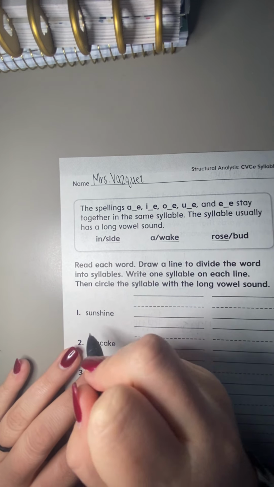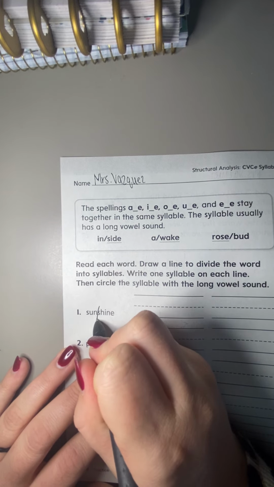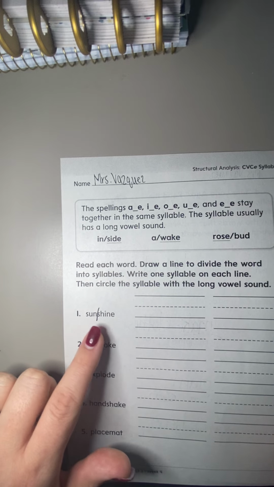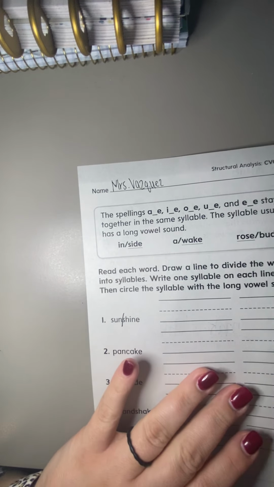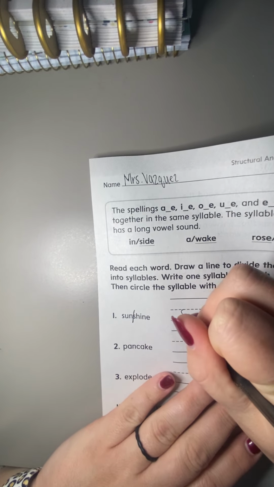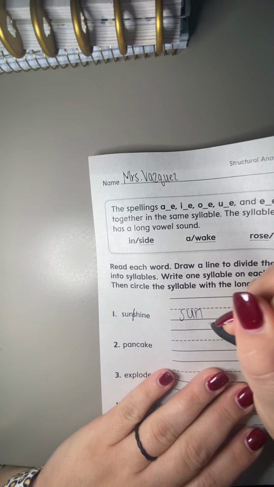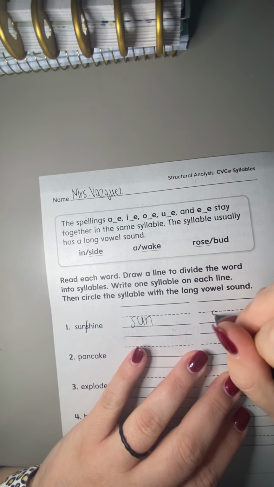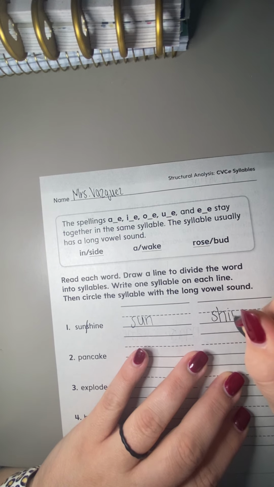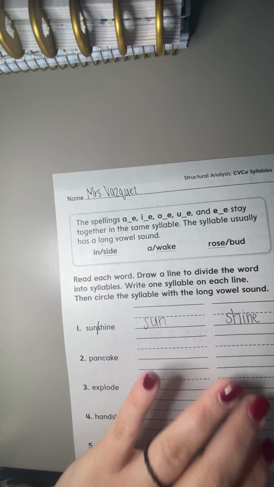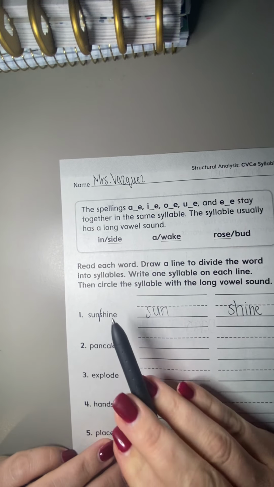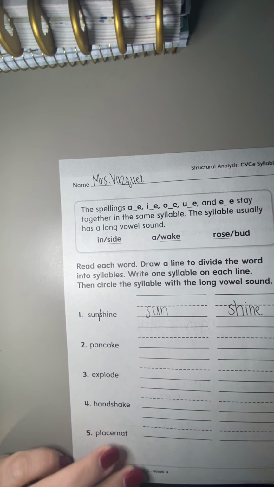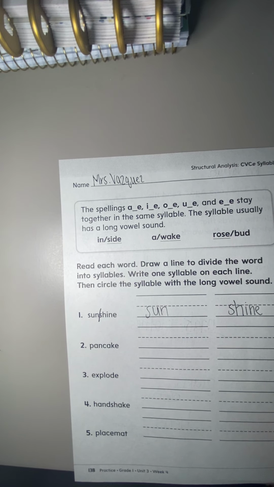Sunshine. I know that I can split my words right here for sun and shine. So I'm going to write them on here. Sun, shine. Now I'm not done yet because it says I need to circle the syllable with the long vowel sound.